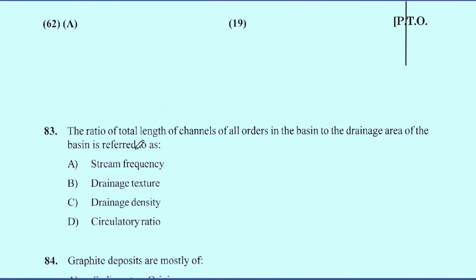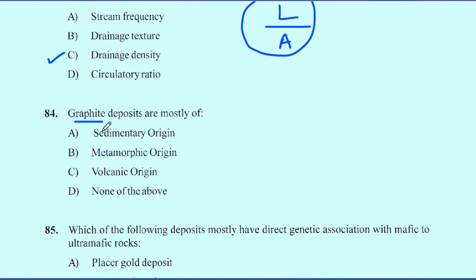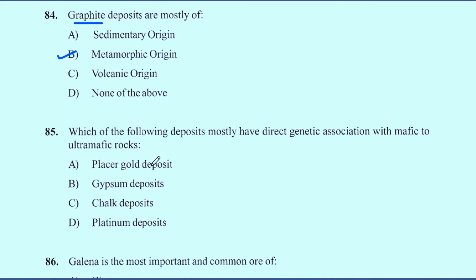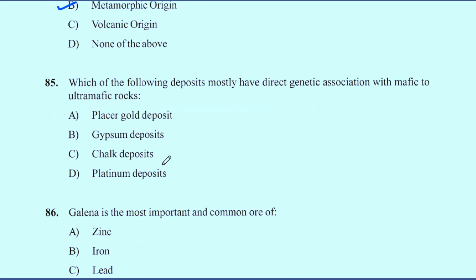Next question: the ratio of total length of channels of all orders in the basin to the drainage area. Total length divided by area is the drainage density. Next question: graphite is a metamorphic deposit. Next question: which of the following is associated with mafic ultramafic rocks?